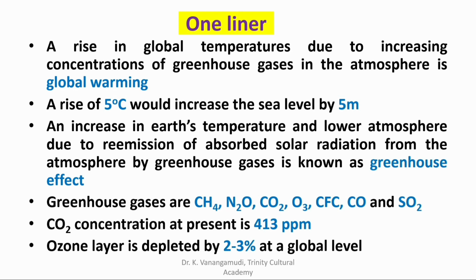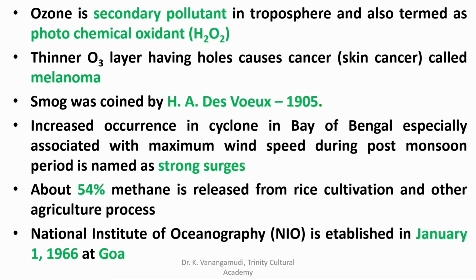Carbon dioxide concentration at present is 413 ppm. The ozone layer is depleted by 2 to 3% at the global level. Ozone is a secondary pollutant in the troposphere and is also termed a photochemical oxidant, H2O2, that is hydrogen peroxide. A thinner ozone layer having holes causes cancer, especially skin cancer called melanoma.